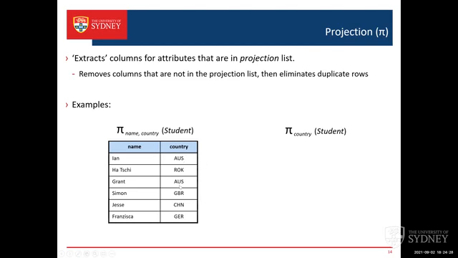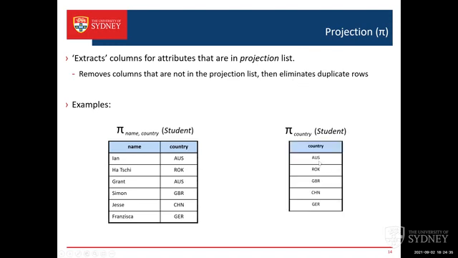We can see that Australia is there twice. Since it eliminates the duplicate rows, we will see Australia only once. So relational algebra automatically eliminates duplicate rows. That's why we are only seeing Australia once, although we have Australia twice in the actual table.